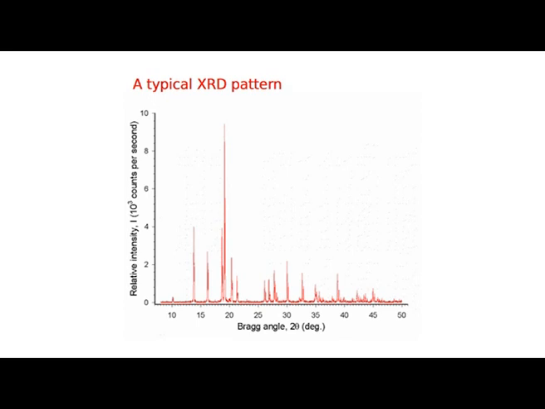What is the y-axis? The y-axis is the relative intensity and the x-axis is the Bragg angle. During this episode we will see these kinds of details in a more detailed manner.